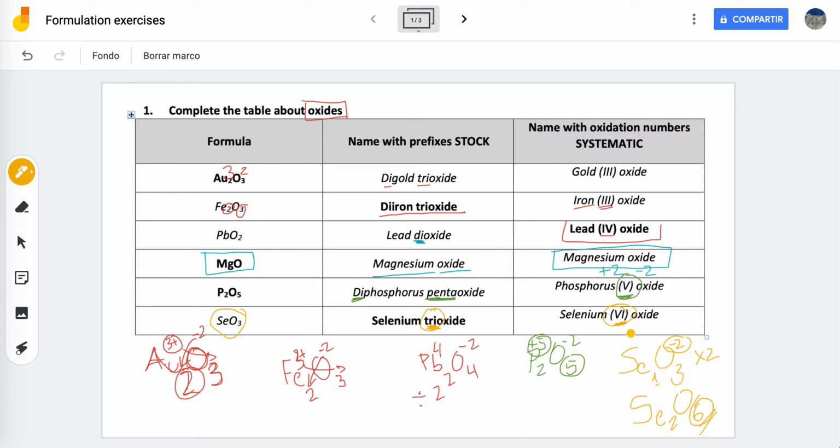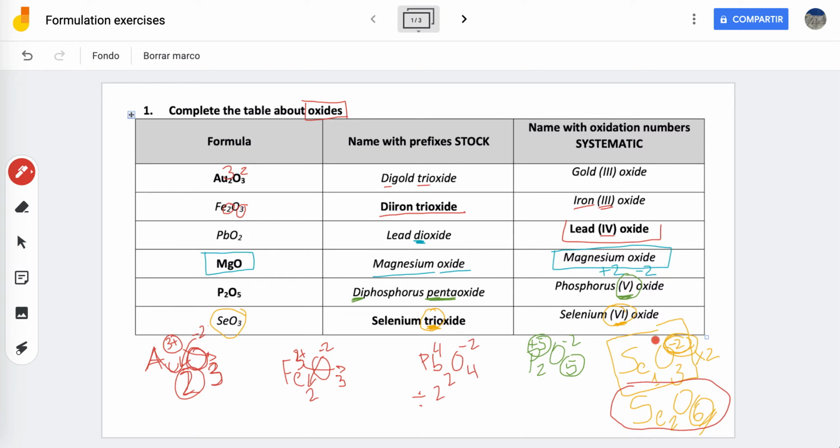Very easy. When we write the original formula and we realize that the selenium has not a 2 but a 1, it is because we divided the original formula by 2. This is the original formula. We divided it by 2 and then we obtained this.